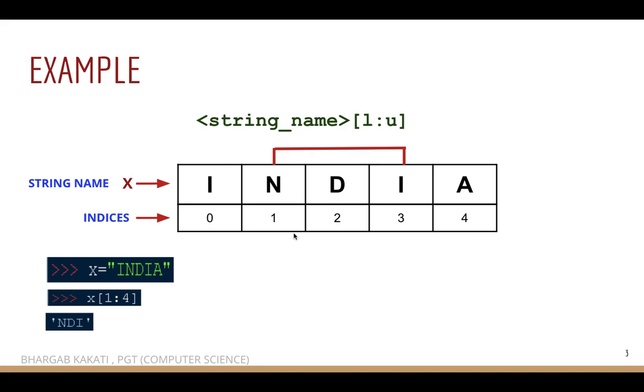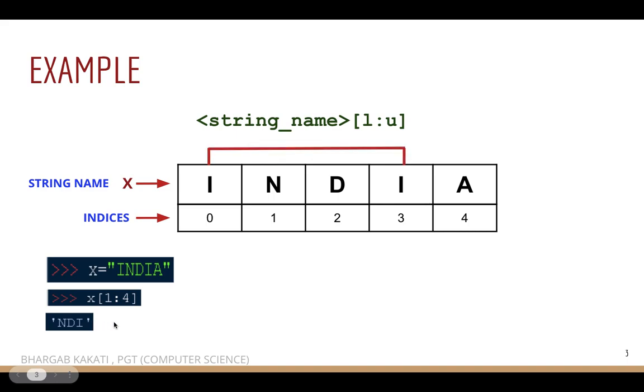What is the lower limit here? The lower limit here is 1. What is the upper limit here? The upper limit here is 4. So which part of the string will be displayed? From the lower limit, that is 1, to the upper limit minus 1, that is 3. And as a result, the answer that we are getting is NDI.